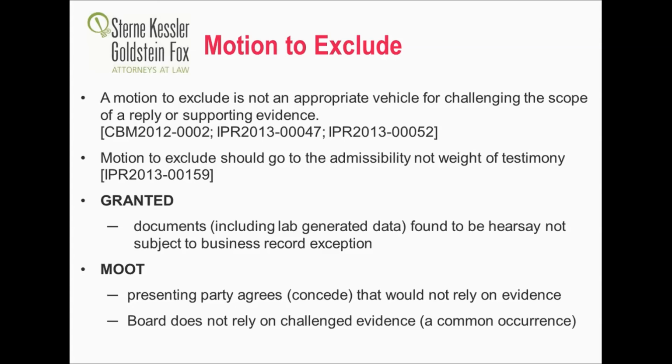So the board views it as improper to leverage a motion to exclude as a sideways attack on, for example, the credibility of a witness, or a sideways attack on the weight of evidence. Rather, remember that the Federal Rules of Evidence apply to these proceedings, so you should have a hook for the admissibility of the evidence before you file a motion to exclude, or at least a proper motion to exclude.